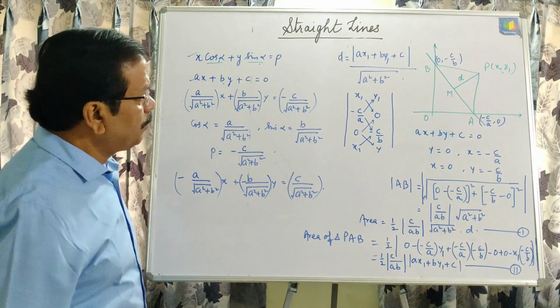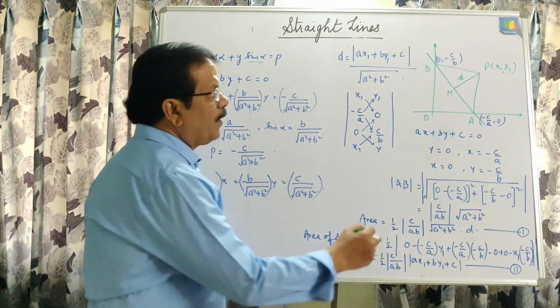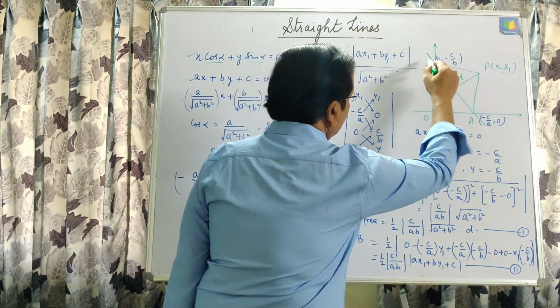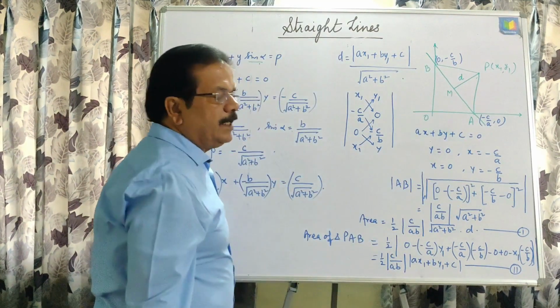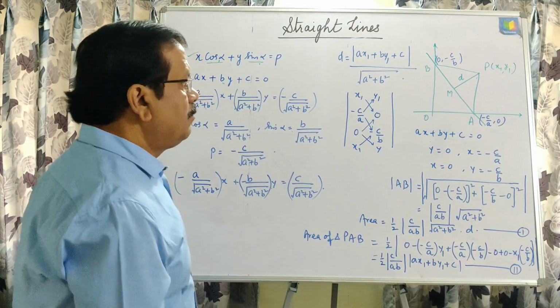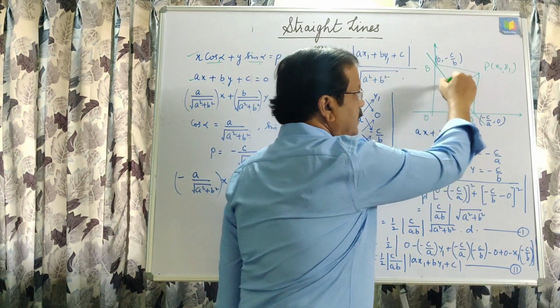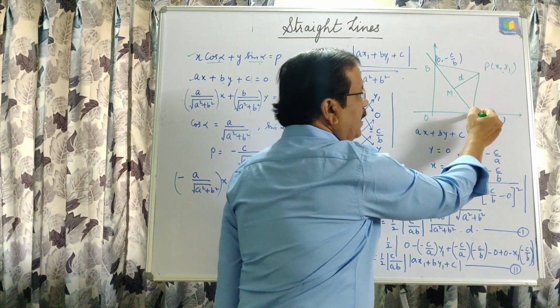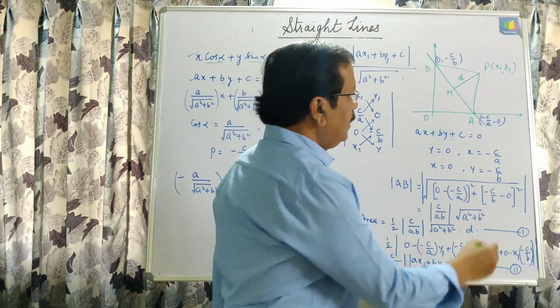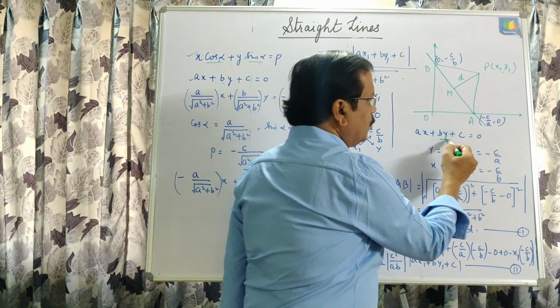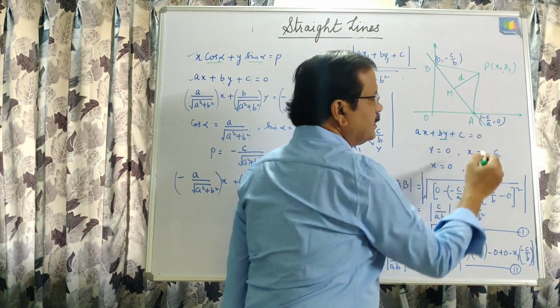Now the next topic, that is how to find the distance of a point from a line. The given line is ax + by + c = 0. This is the line, and for finding this point, put y = 0, we get x = -c/a.